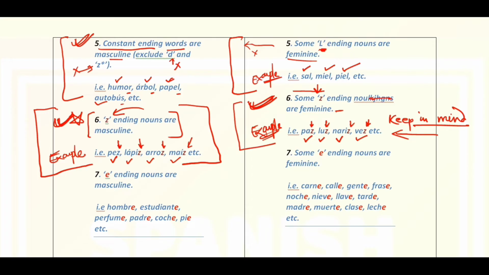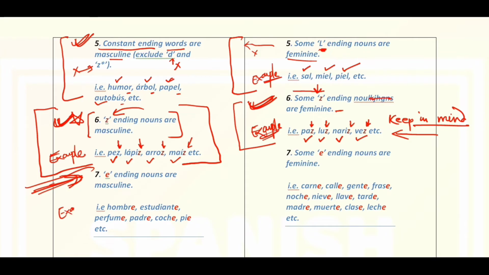These are 4 examples. So we can see in point 6 the masculine and feminine sides. Everywhere we have Z-ending nouns, but some are masculine and some are feminine in nature.